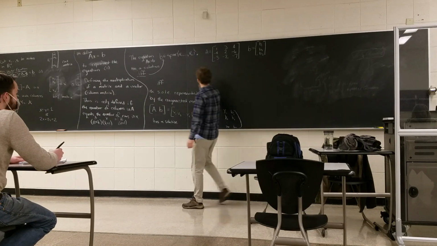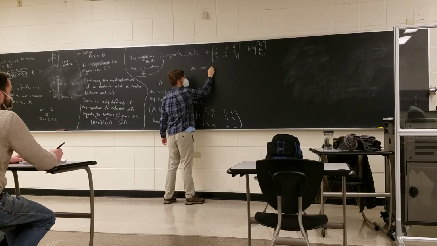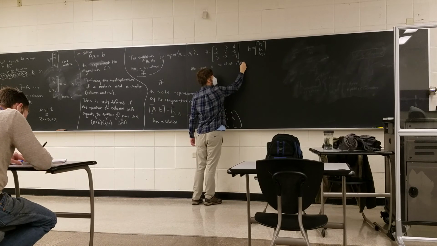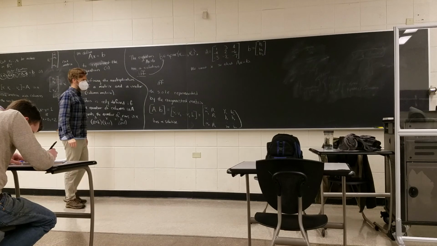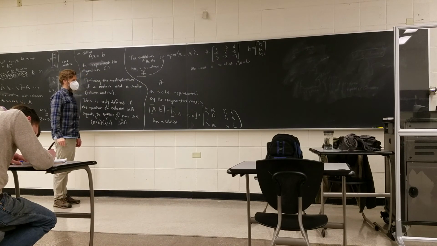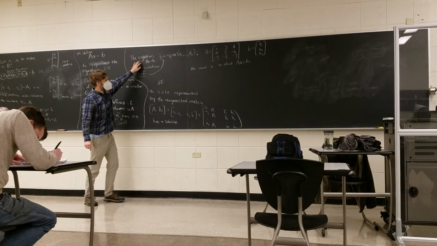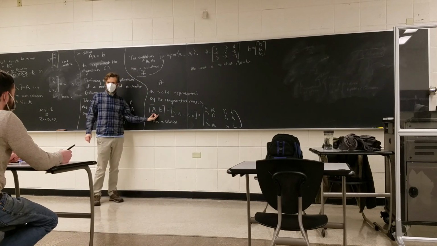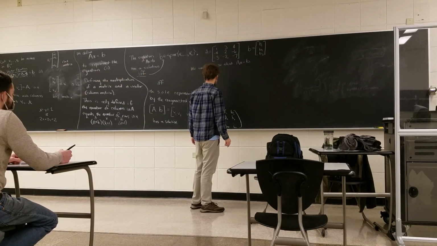So we want x so that Ax equals b. Right? So based on what we've said here, we can take this A and this b, and turn them into the augmented matrix [A b], and then we can do the row reduction.